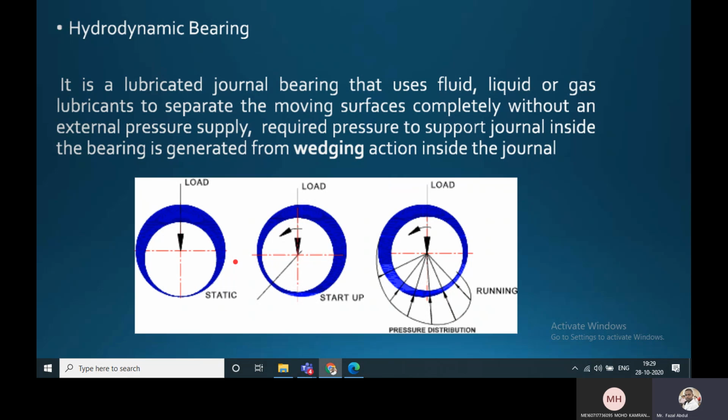Because of the generation of the wedge shape, oil is going to move to the bottom of this shaft. Because of continuous rotation, the lubricating oil gathers here. Because of the gathering of the lubricating oil, automatically the shaft is lifted up centrally, and smooth operation is formed. So this is the diagrammatic representation of the hydrodynamic lubricated bearing.